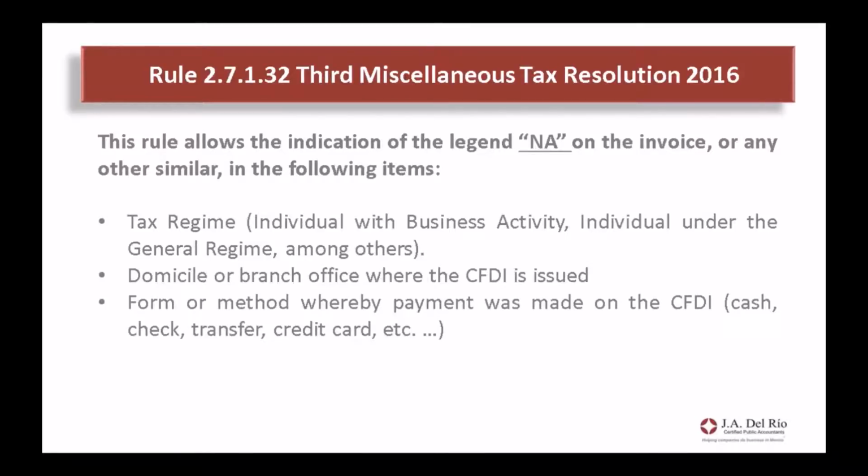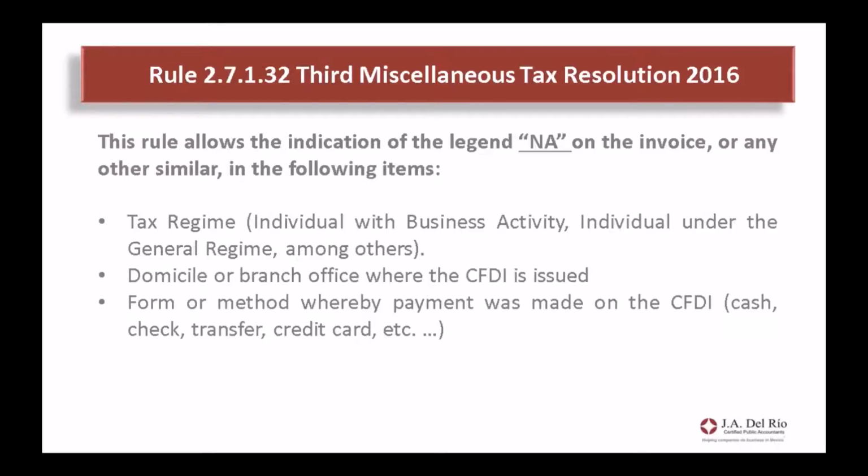We also in the past gave you the updates that it was necessary to include the tax regime for the taxpayers, such as general regime, or if you are taxable under any special regime, it was necessary to indicate it on the invoice.